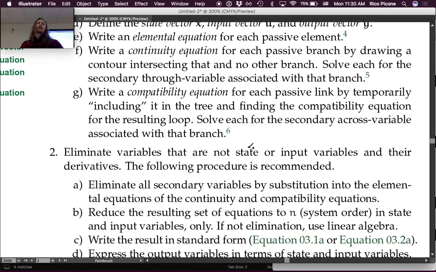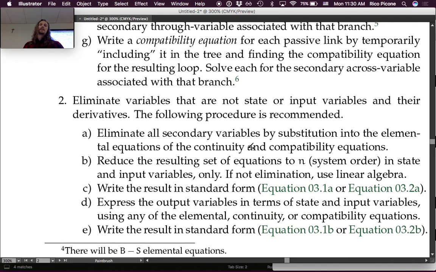Okay, so step 2. Eliminate variables that are not state or input variables and their derivatives. The following procedure is recommended. So the first one, A, is highly recommended. Eliminate all secondary variables by substitution into the elemental equations of the continuity and compatibility equations.